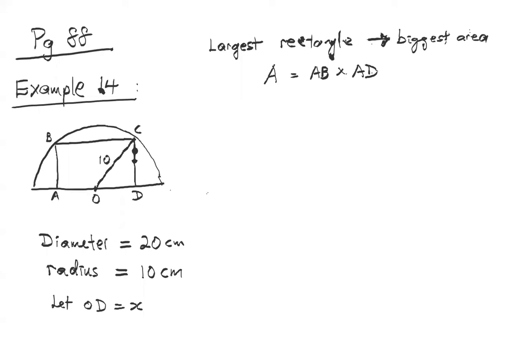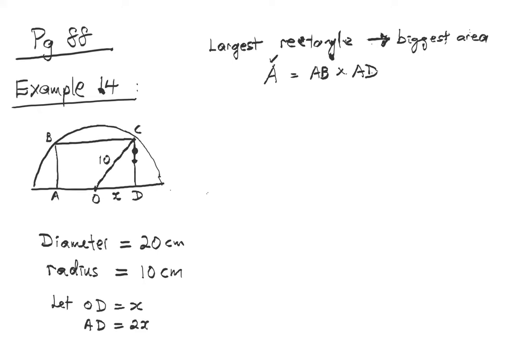Correct? So in whatever formula, what you need to do is you can only have two variables. One variable is the area, the other variable will be X. So I must think of a way to write CD in terms of X. So now OD is equal to X, so my AD will be equal to 2X.